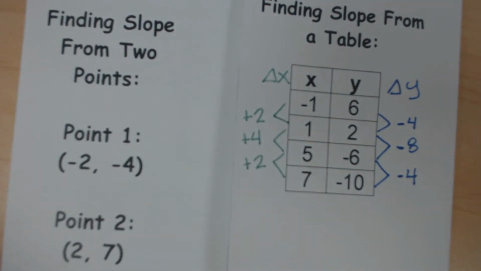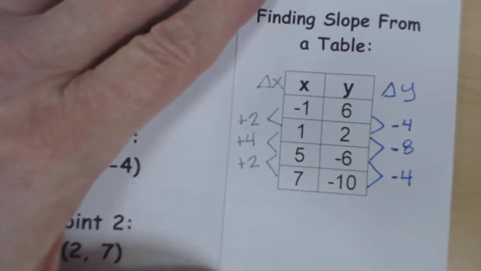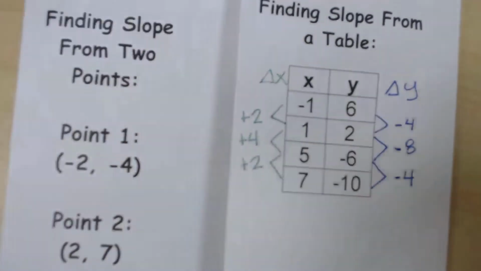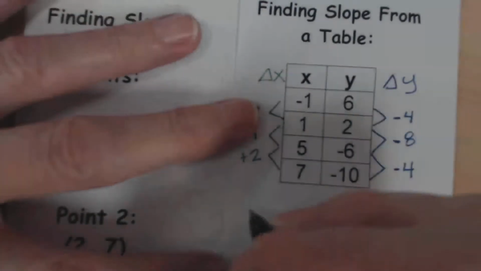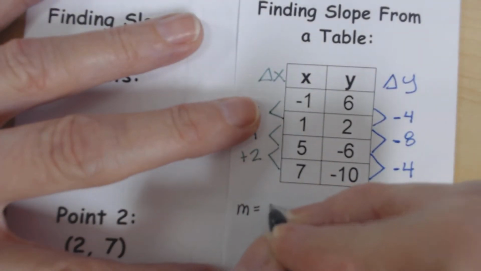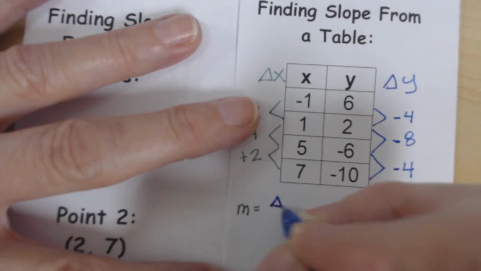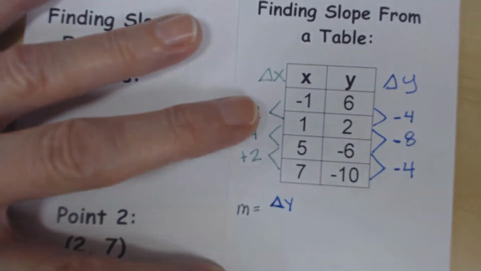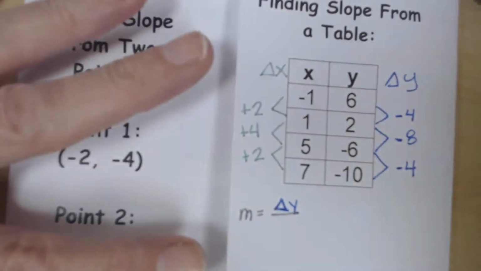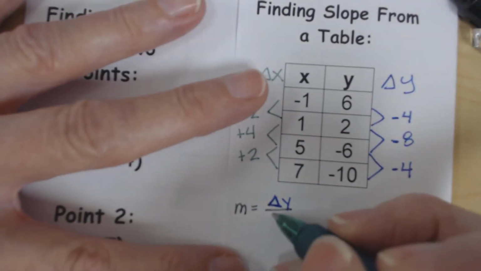So now we simply make our ratios. So what we have is that slope is equal to the change in y all over the change in x.